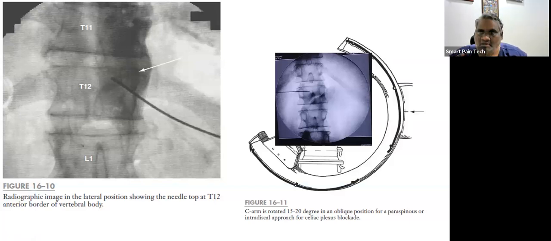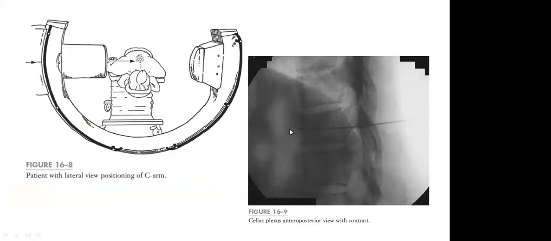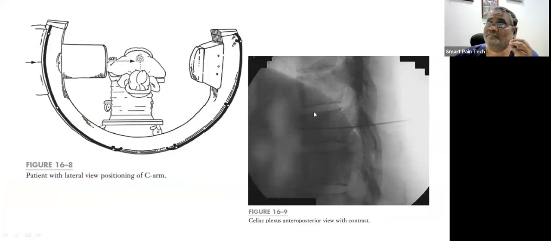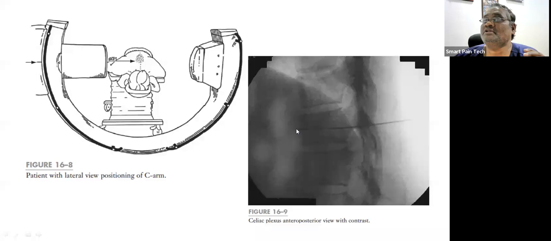So it doesn't matter in lateral how much anterior you are. Got the point? Should I repeat? Yes, sir. So the $1 million question is, sir, how far should we go from the anterior border? 1 centimeter, 2 centimeters. There is no particular answer for that.